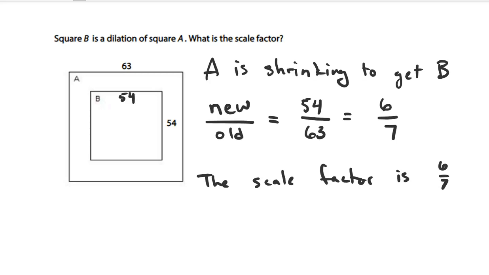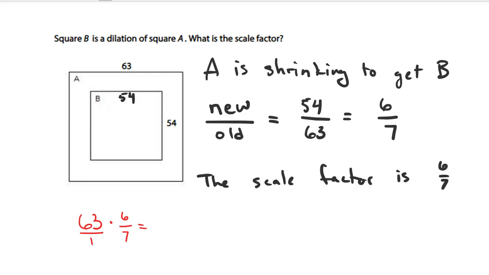Now, one way you can verify, sometimes it's really nice to double check our work, is if you take the original image of 63 and you multiply it by that scale factor of 6 over 7, what are we going to get? Okay, well, let's see. 63 can be written as 63 divided by 1.